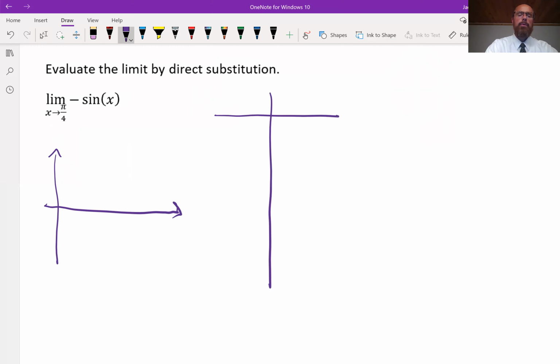So let's go with the same increment: 0, pi over 4. And this does the double duty of actually evaluating that limit value for x. Pi over 2, 3 pi over 4, and pi. F of x here is going to be negative sine of x.